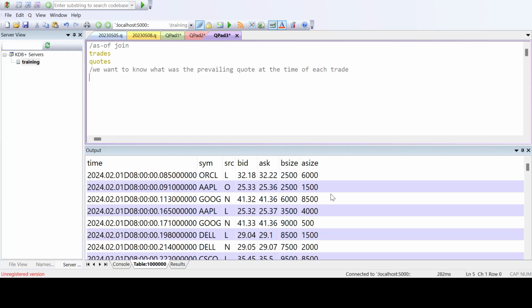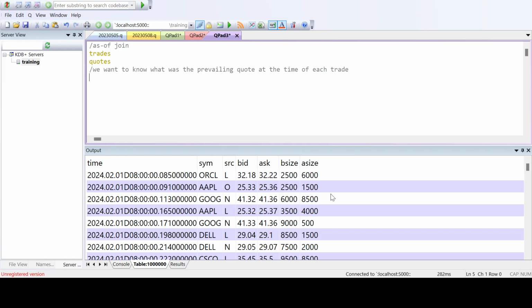We can't just join on the time, because the time for the trade and the quote is not going to match. It is almost impossible, right? We are capturing time in nanoseconds, so the times will be different.